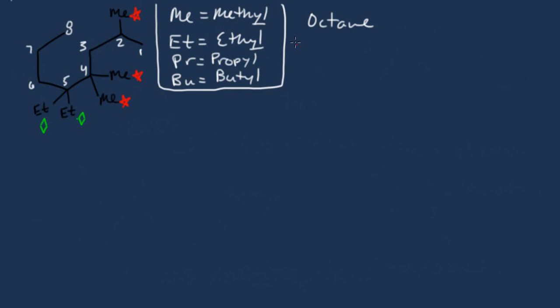We have one at the 2 position, then one at the 4 position, and another one at the 4, and these are methyls. And to save space, I'm going to write this right here. So we have 2 ethyls at the 5 position.